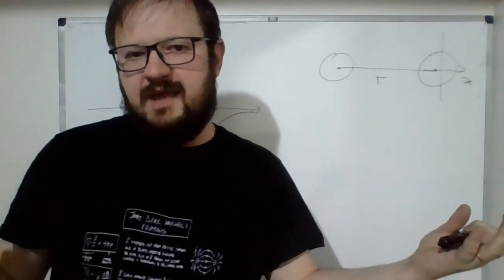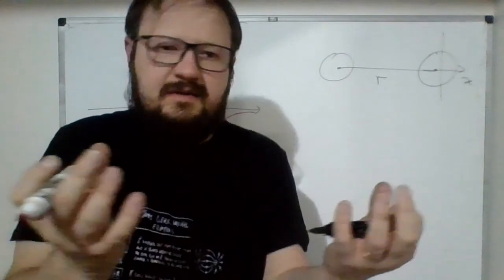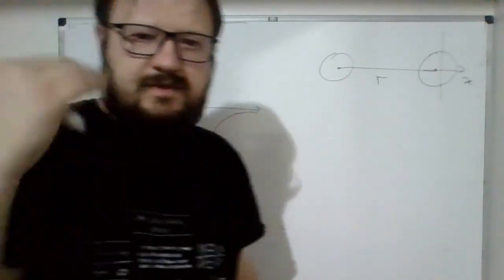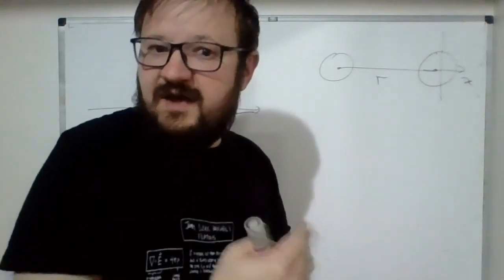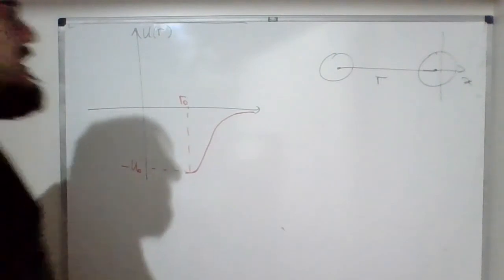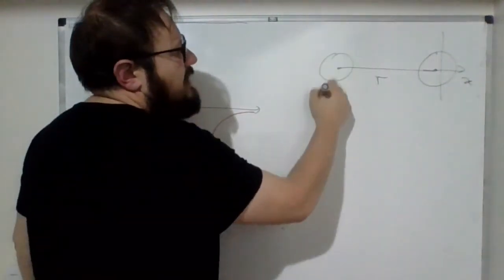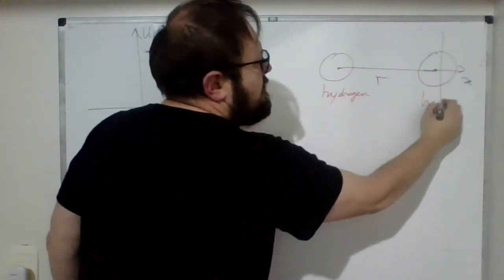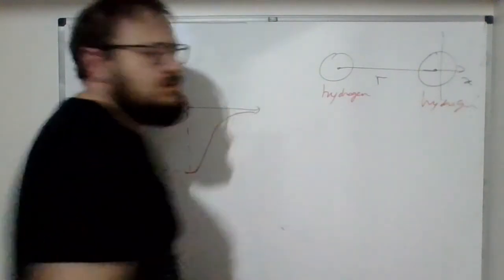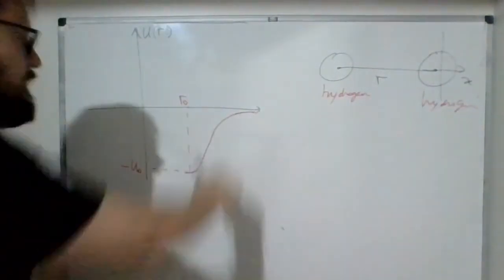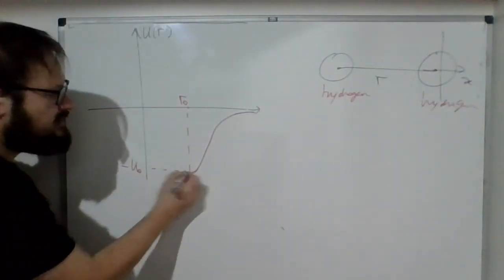You can make them closer and closer, and at some point they will be together, because the potential energy favors the formation of a molecule. So initially you have a hydrogen atom here, and another hydrogen here. But when you put them close together, they will have a minimum of potential energy.